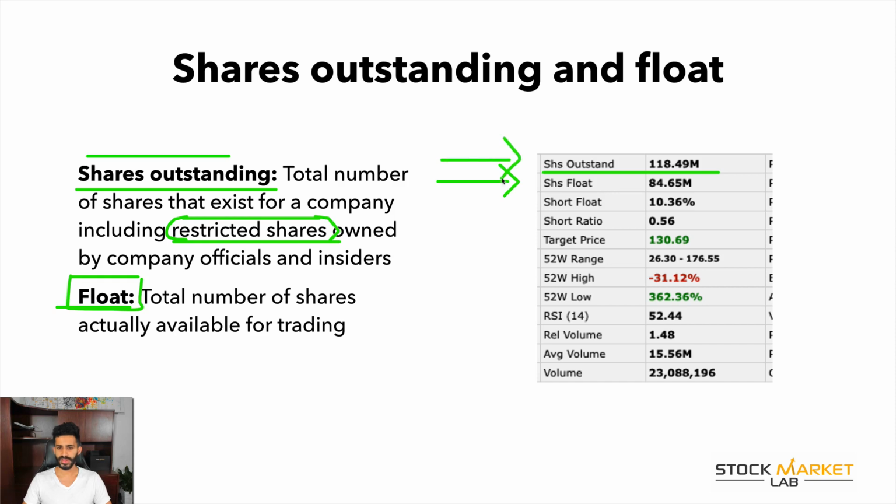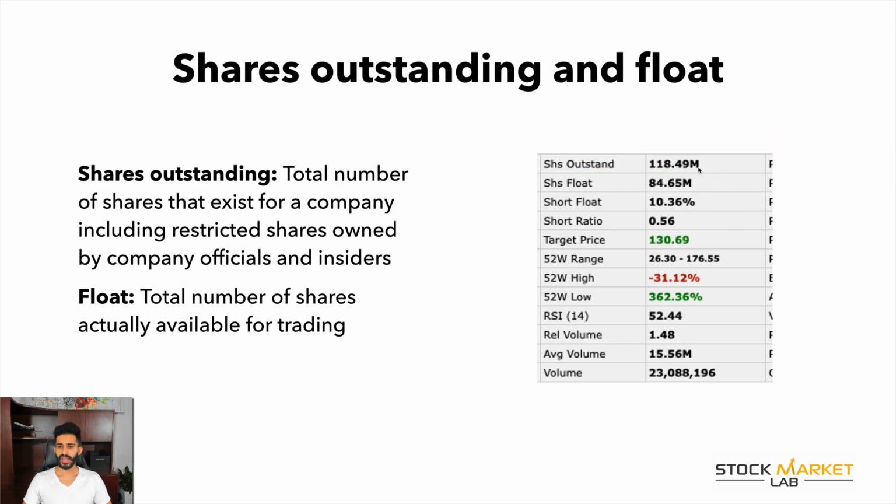So if you take a look here, shares outstanding, 118 million. Shares float is 84 million. What this means is this is how many shares are out in the marketplace to actually trade. Now, what you have to understand with shares outstanding and shares float is that if a company has anything lower than 20 million on float, that's considered low.